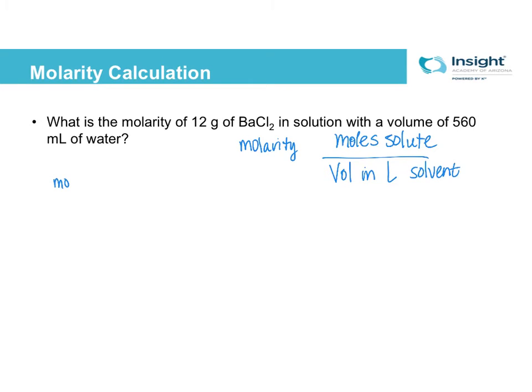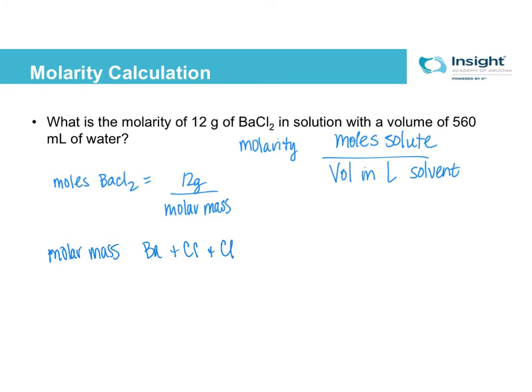So moles BaCl2 equals 12 grams over molar mass. All right, so our molar mass is going to be a Ba plus a Cl plus a Cl, which barium is down there.